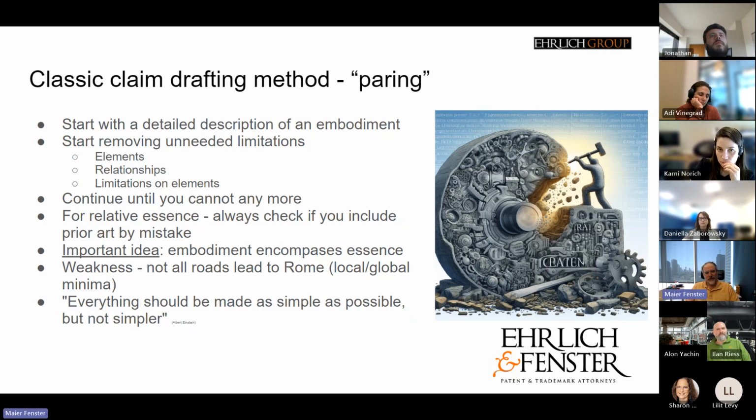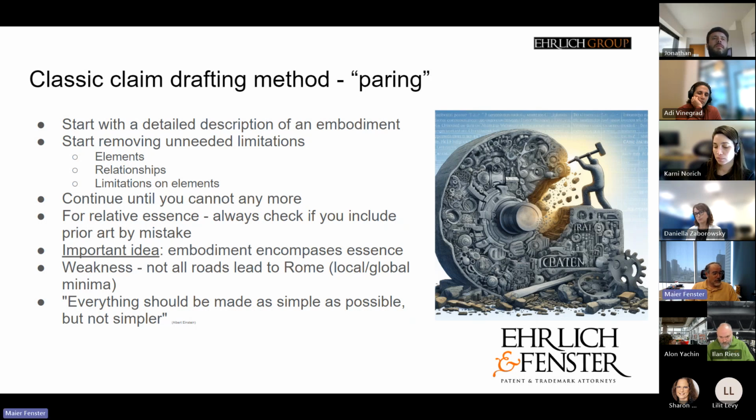And if you're trying to define a relative essence, you have some prior art, then what you do is you make sure that whatever result you got to doesn't include the prior art. And the idea here is that any embodiment encompasses the essence. But the problem is that you can very easily get caught in a local minimum.